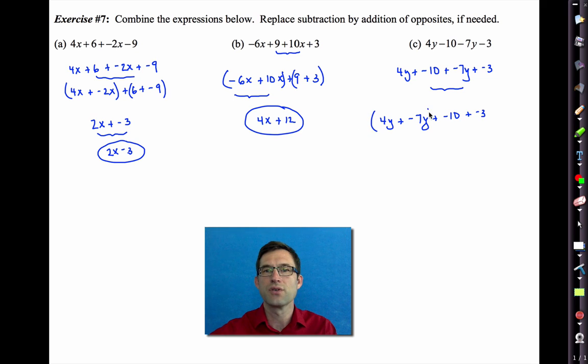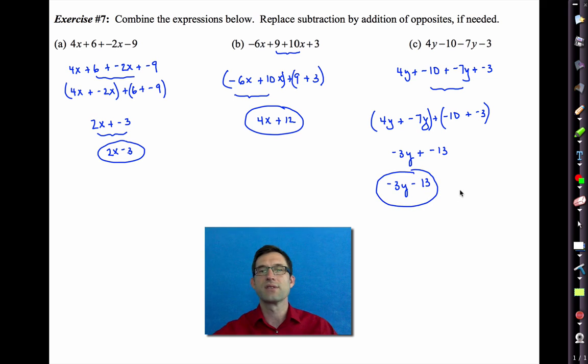Again, using the associative property, I'm going to group these two additions together. 4y plus negative 7y is negative 3y. Negative 10 plus negative 3 is negative 13. And again, although that's a perfectly good answer, in all likelihood, we would want to leave it like this. Negative 3y minus 13. All right, now that is the last exercise.